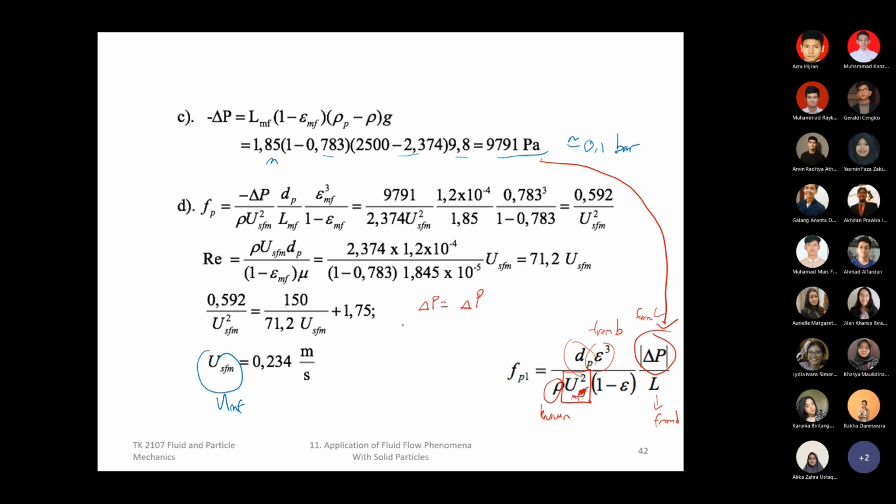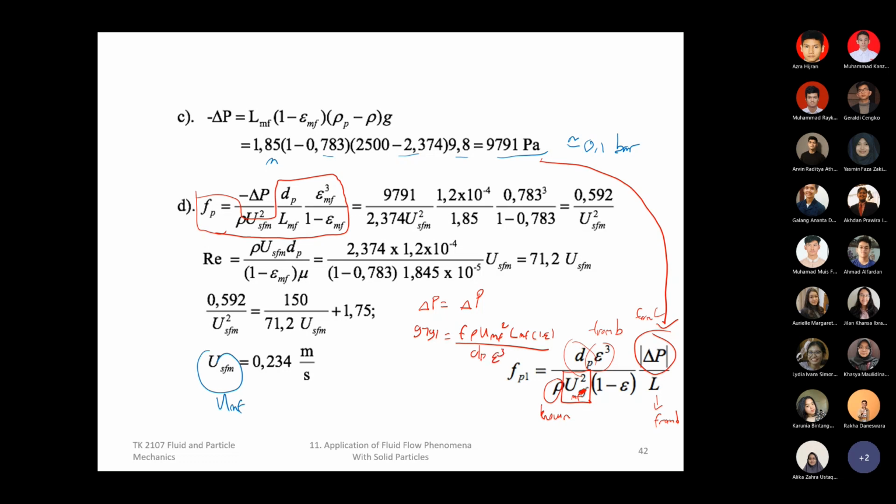So of course, now 9791 will be equal to this whole formula, right? F rho UMF square LMF times 1 minus epsilon per dP epsilon cubic.